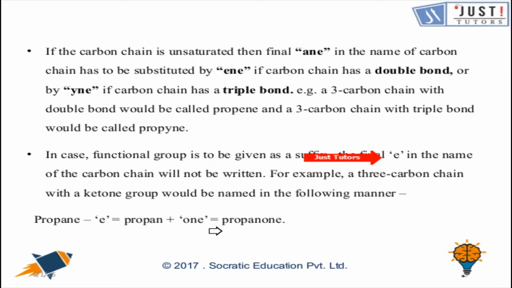For example, if we have a ketone group and propane as the basic carbon chain, we will delete e from propane, and our compound would be propane plus one, that is propanone. So here we have deleted the e. Whenever we put a suffix for the functional group, we take away e.